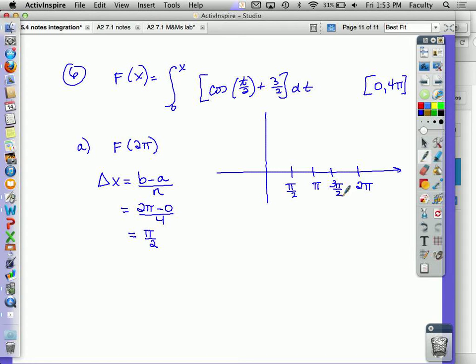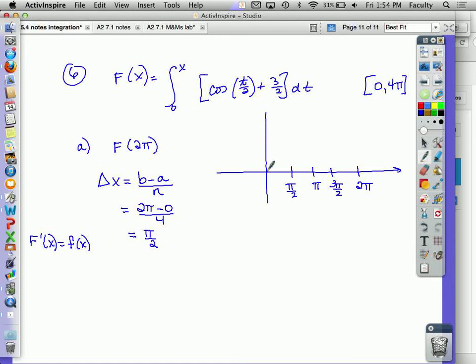And if you plug in the function, because remember, f prime of x is going to equal little f of x. So I can plot this one from 0 to 2 pi.